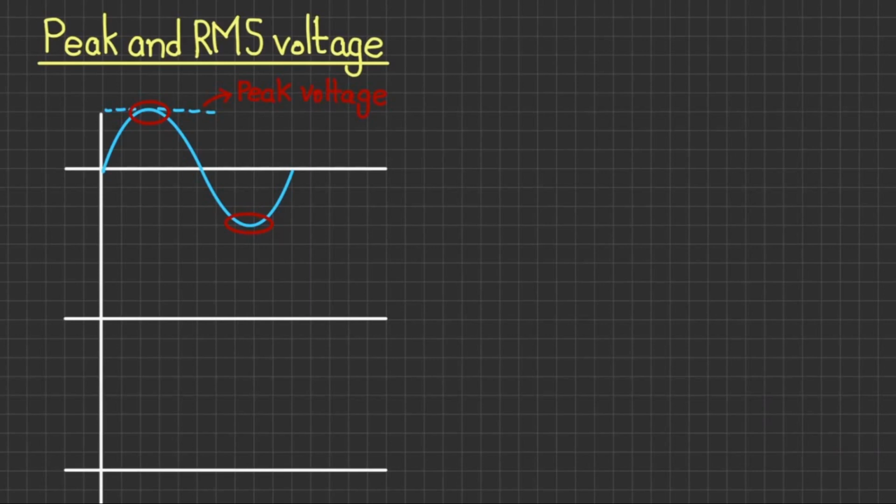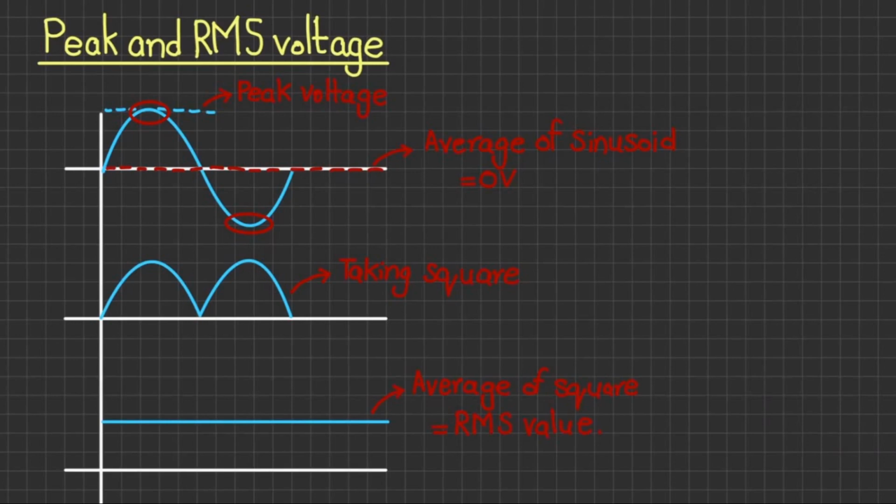Now as the waveform is centered around 0 volts, its average over a long period of time will be 0. That is why for AC signals we use a special kind of averaging. We first take the square of the waveform as drawn and then take its average. Once you take the square of the negative half cycle values, they will also become positive.